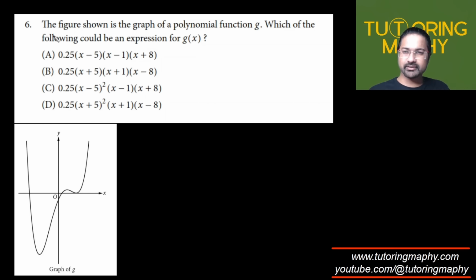So this question says that the figure shown is the graph of the polynomial function g, then which of the following could be the expression for g? The first thing which we can notice with all the options is they are in factored form. And first and foremost, the crack which we can develop is noticing the roots.